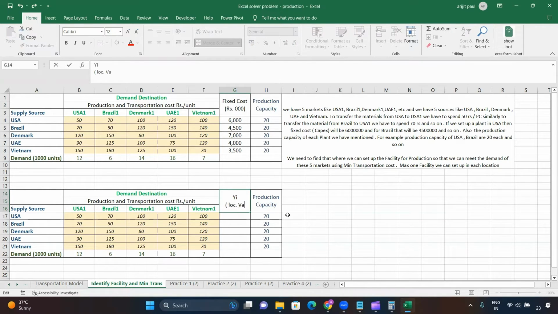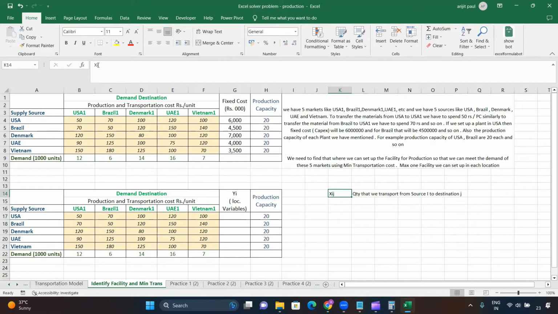Location variables. Now, if you can recall our last transportation model, what I have discussed is xij equals to the quantity that we transport from source i to destination j, right?